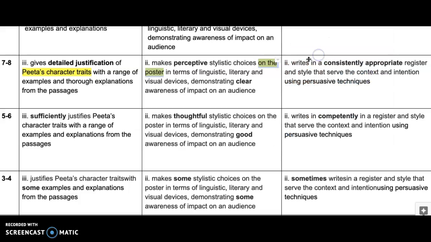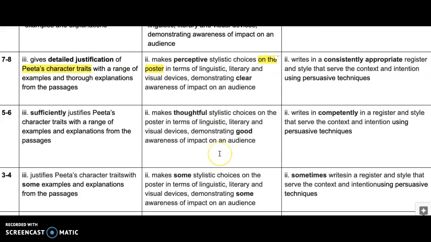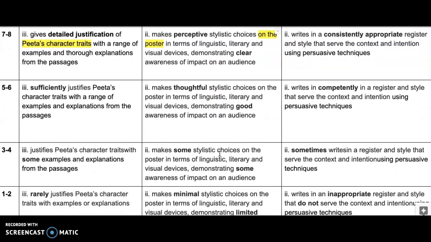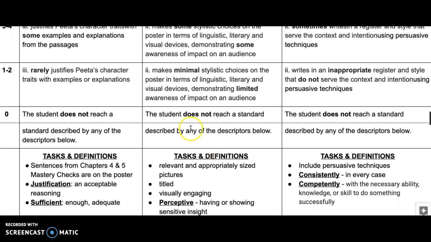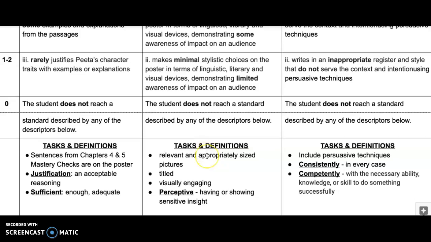What does your poster look like? Is it engaging? That means demonstrating clear awareness of impact on an audience. That is the part we're assessing: is it engaging? Let's scroll down. You can look, it starts with perceptive to thoughtful to some to minimal, and the last one does not reach the standard.